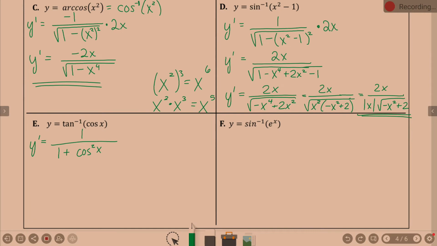So 1 over 1 plus cosine squared times the derivative of cosine x, which is negative sine x. Now, this would be a good one if you just wanted to write your final answer, because all I'm going to do on this next step is put it together as one fraction. There's not going to be any simplifying I can do. 1 times negative sine x is just negative sine x over 1 plus cosine squared x. Like that.